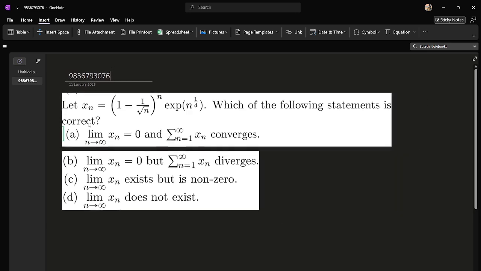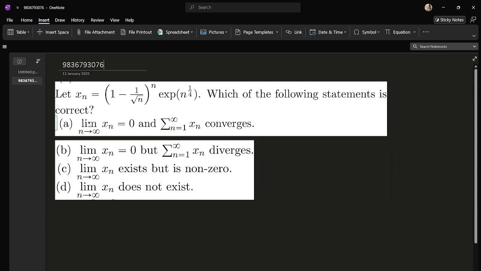So we are going to solve the question. The question says: let xn equal (1 minus 1 by root n) whole to the power n, into e to the power n to the power 1 by 4. Which of the following statements is correct? Option A: the limit as n tends to infinity of xn is 0, and the summation from n equals 1 to infinity of xn converges.